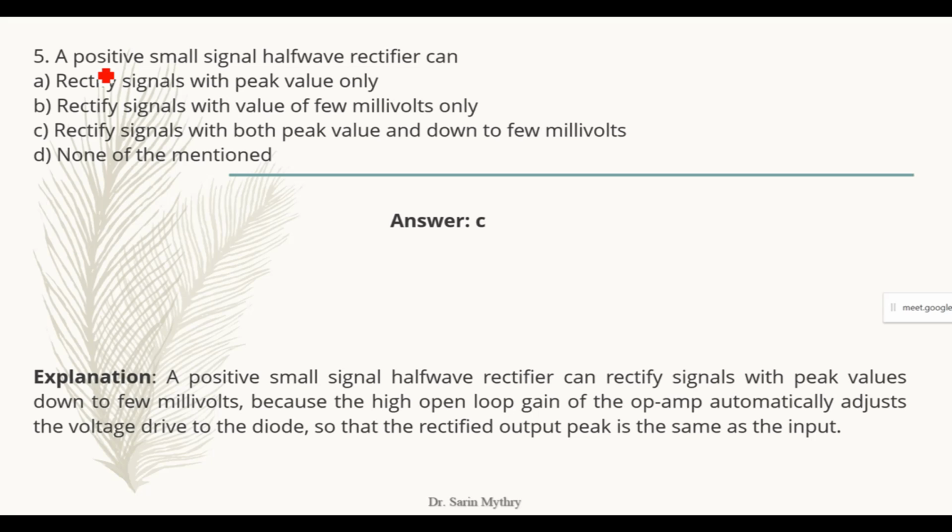A rectifier is an electronic circuit which is going to convert any kind of AC into DC. So rectification is done with the help of rectifiers.